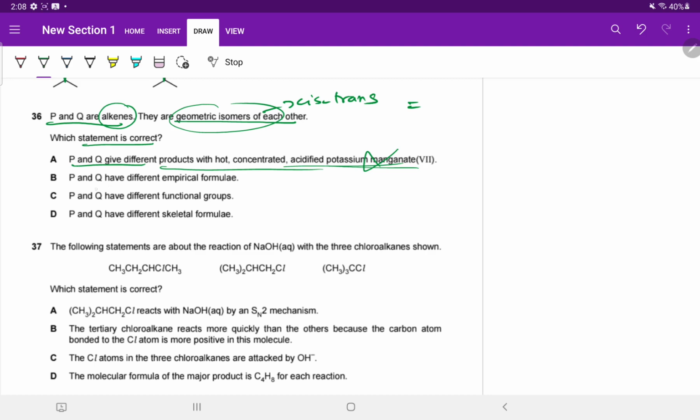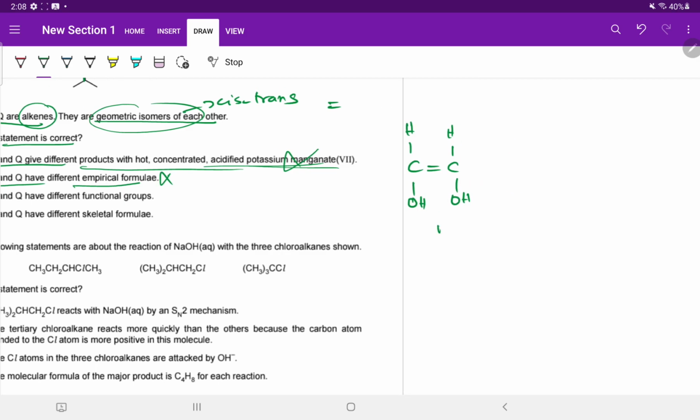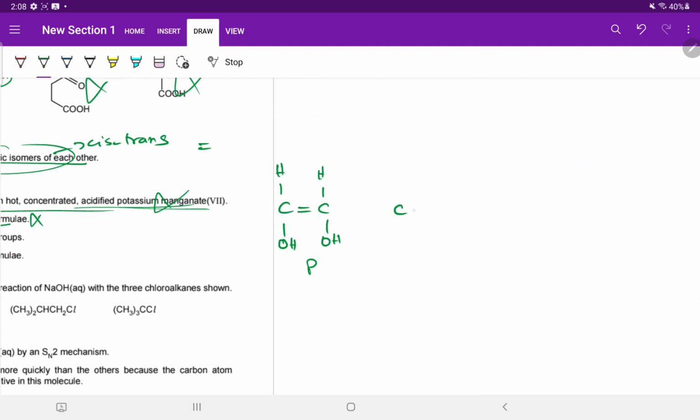So then option B says P and Q have different empirical formula. No, they have the same empirical formula. For example, we can just consider this simple compound over here to make things more clear. So one we can say this is P, and Q we can say this hydrogen is now above, this OH is like this.